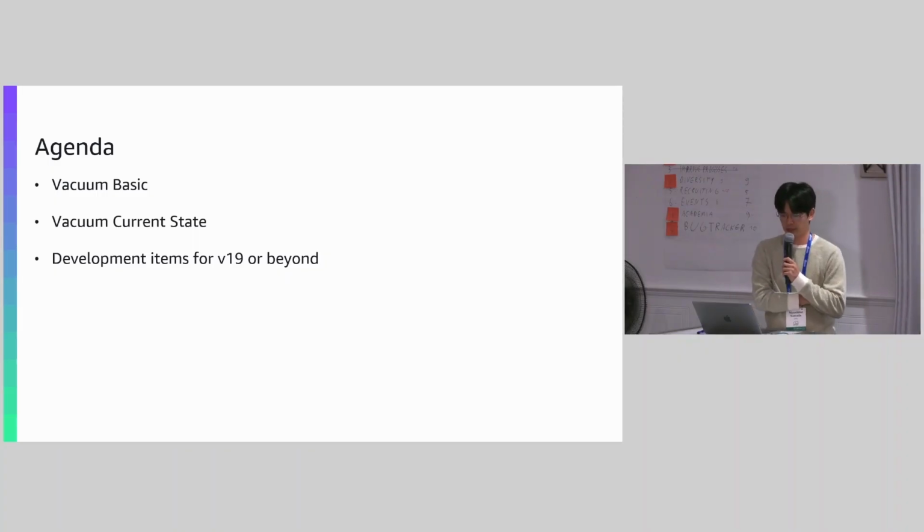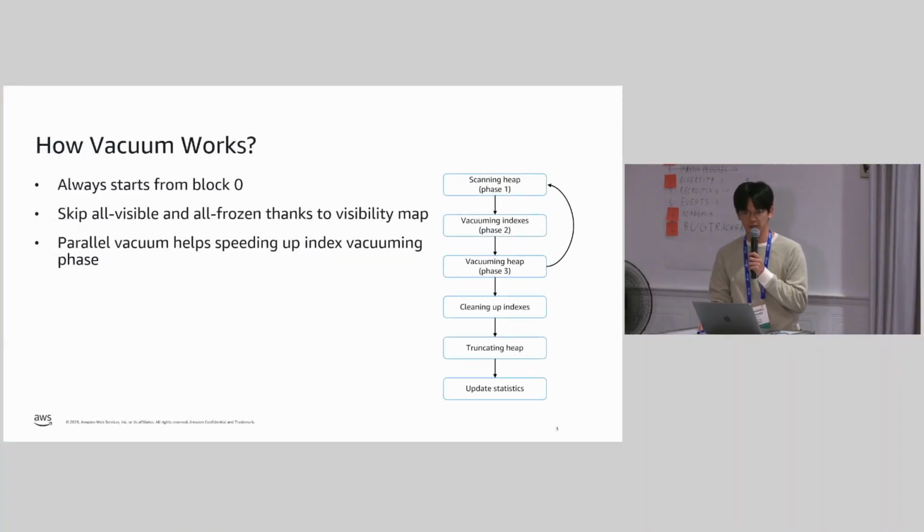Before getting into the vacuum details, I'd like to briefly cover how vacuum works today. I think many of you in this room already know how vacuum works, but vacuum basically consists of several phases, and phases 1, 2, and 3 are the main phases.